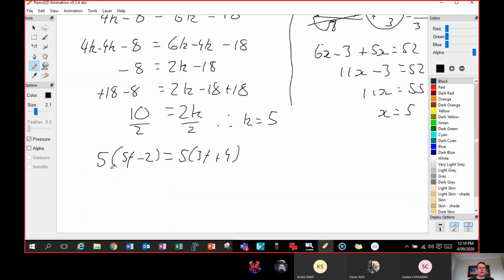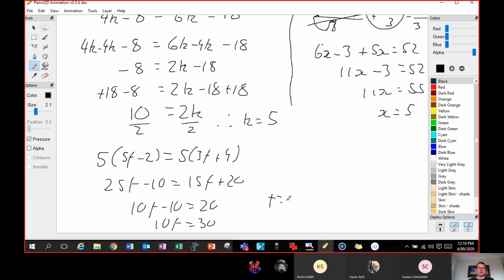Here you could expand first, right? Which would be 25f minus 10 equals 15f plus 20. Minus 15f on both sides, you'll be left with 10f minus 10 equals 20. Add 10 to both sides, 10f equals 30. Divide by 10 on both sides, f equals 3.